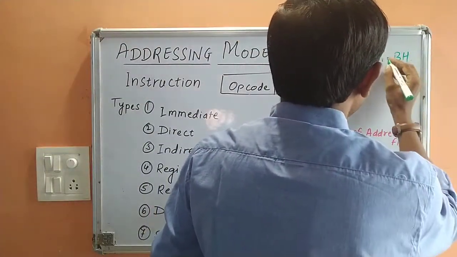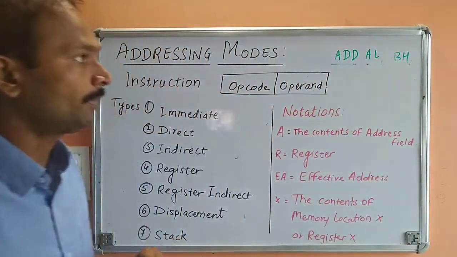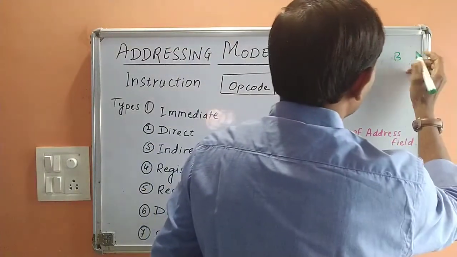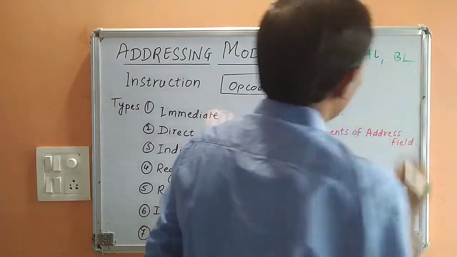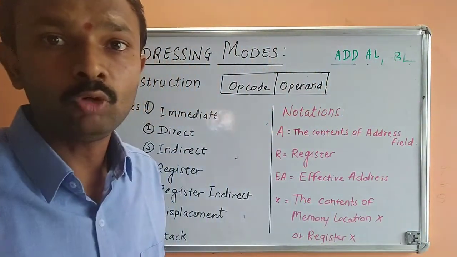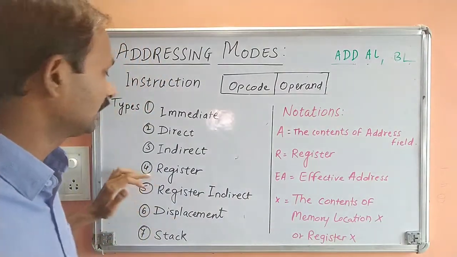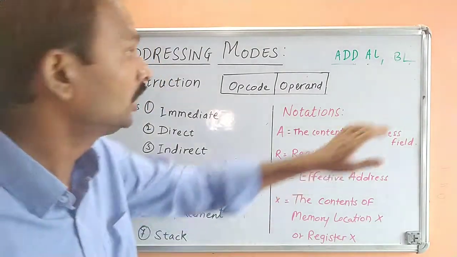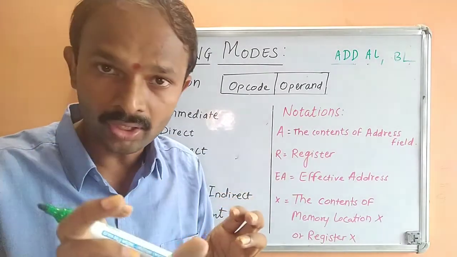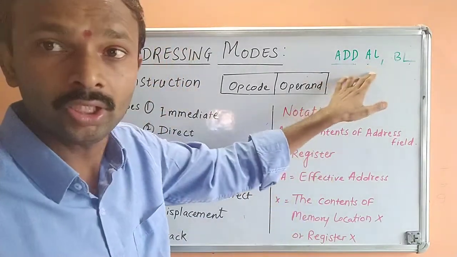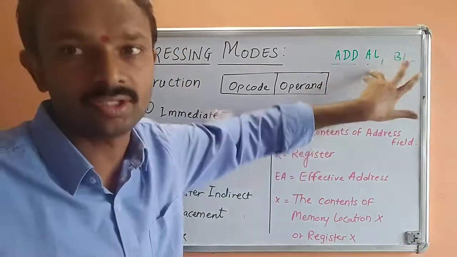Next, if it is AL, BL, what can I consider for this addressing mode? This is nothing but the register addressing mode, because the operands in front of the instruction are both registers.